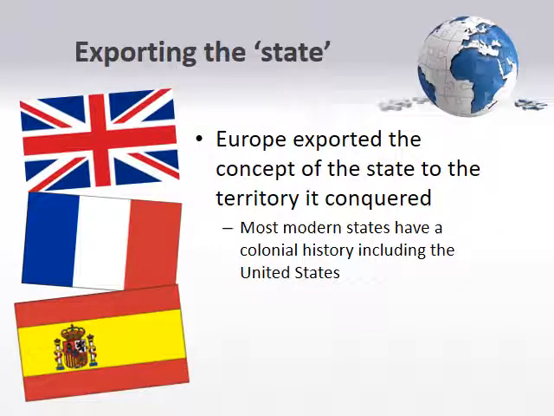And as I'm sure is no shock to you, European states engage in a competition to divide up the world, to conquer territory for a diversity of reasons. Sometimes it's to settle, sometimes it's to extract natural resources, sometimes it's both. And so Europe exports this concept of the state to the territories that it conquers.